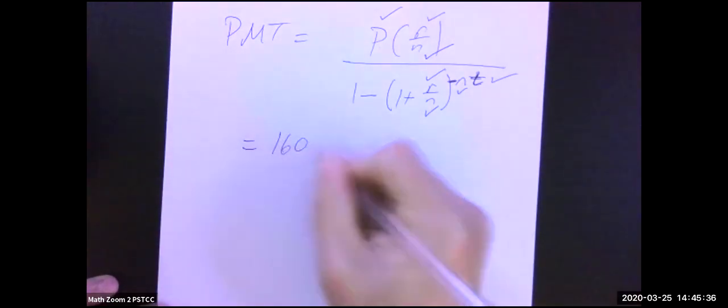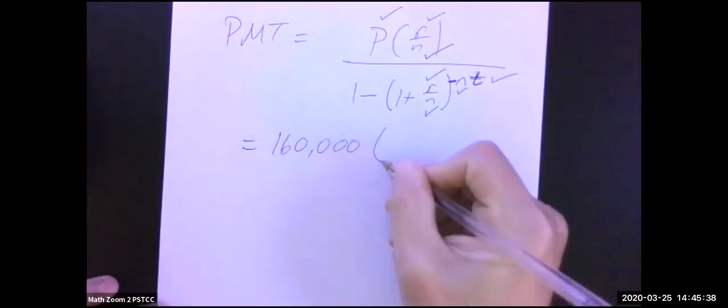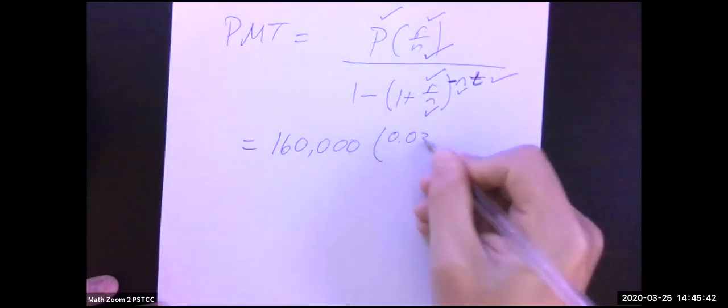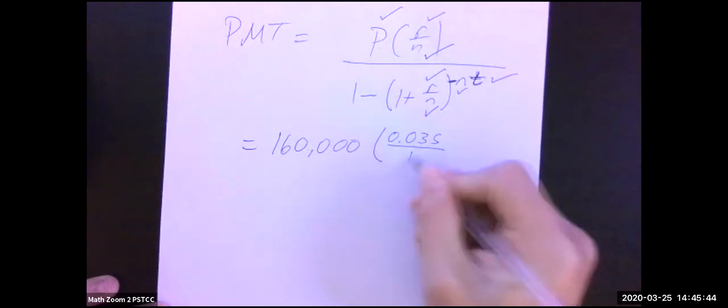We're borrowing $160,000. The rate is 0.035 divided by 12.